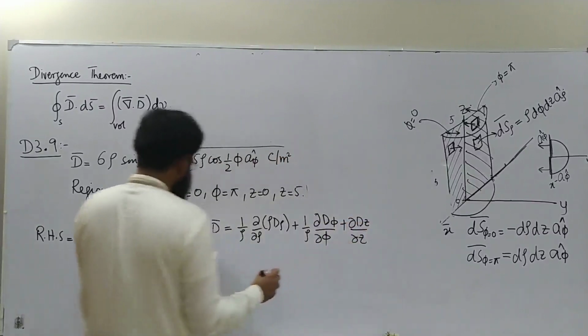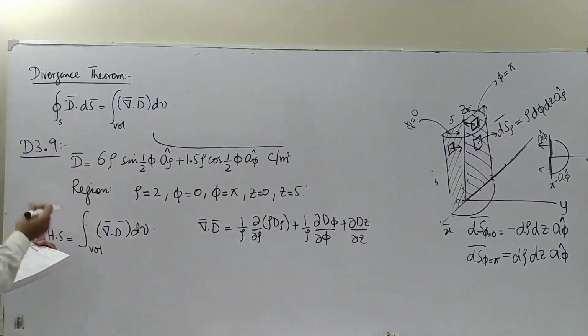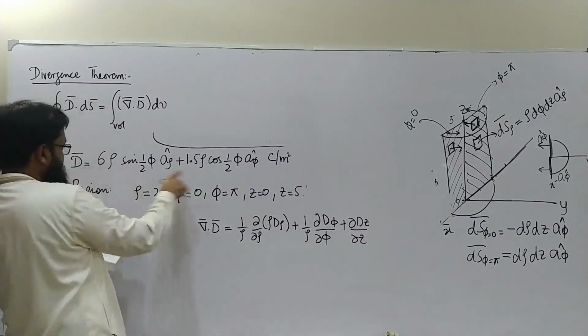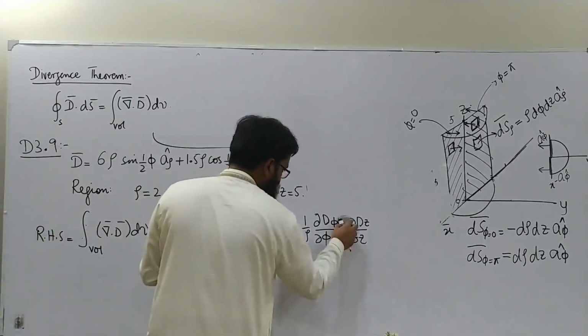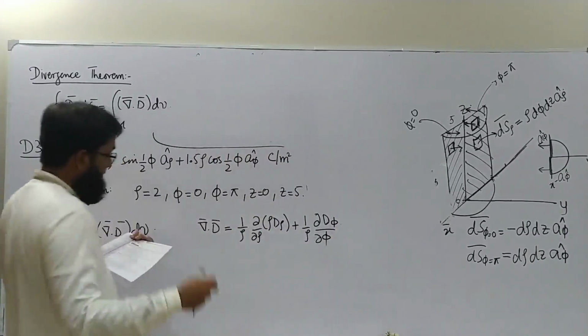This is the formula for divergence in the cylindrical coordinate system. Since D does not have any z component, we are not interested in the z component.